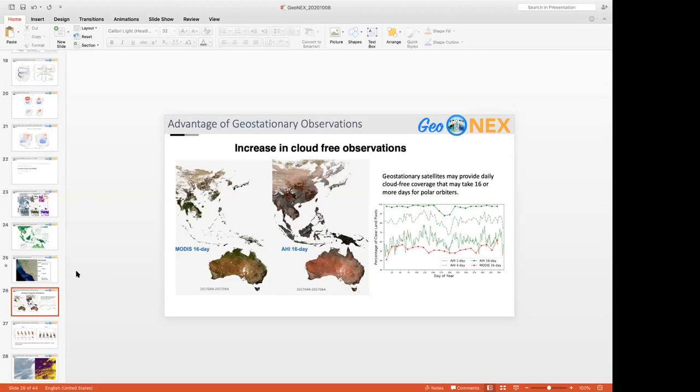The key is these are operational satellites, so we know that in the next 20 years, maybe 30 years, we will have this data available.